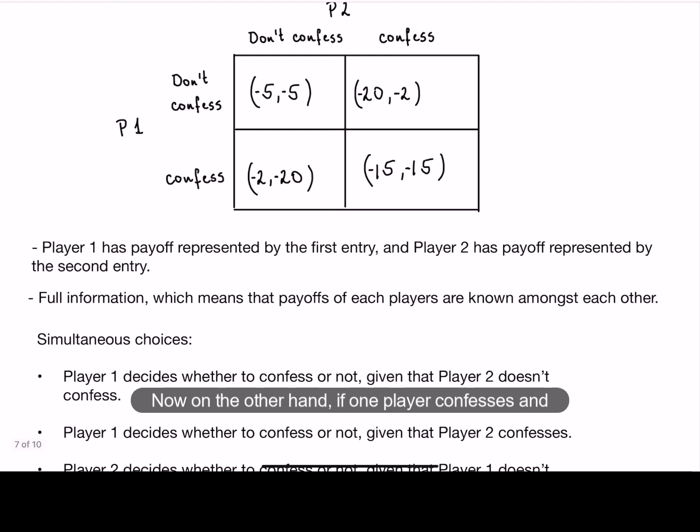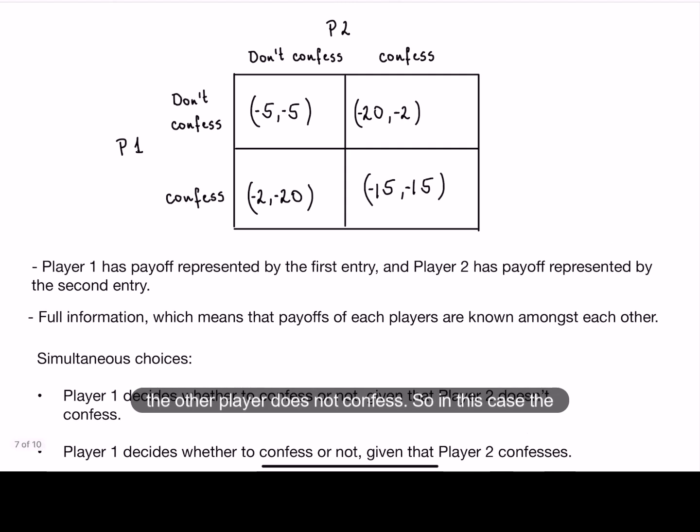Now, on the other hand, if one player confesses and the other player does not confess, so in this case, the way we would read this is that the first entry represents the payoff of player 1, and the second entry represents the payoff of player 2. So in the case of player 1 confessing, then he gets 2 years of sentence.